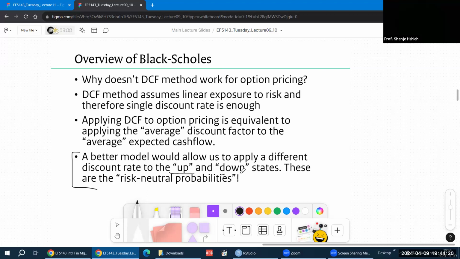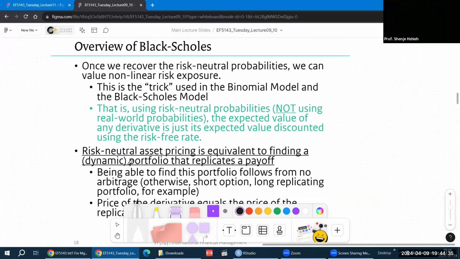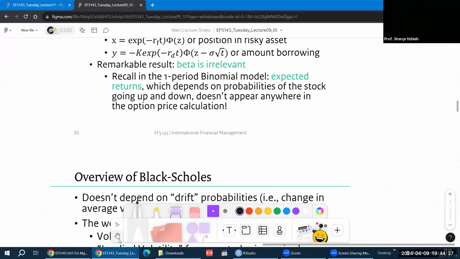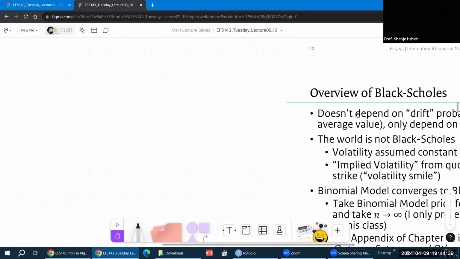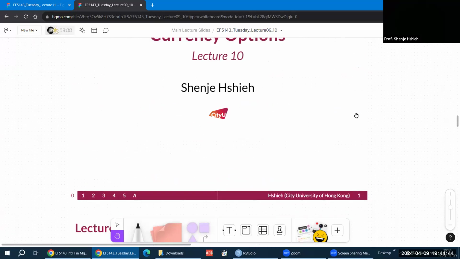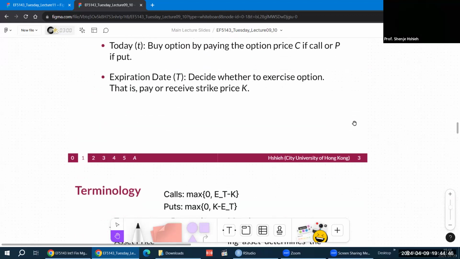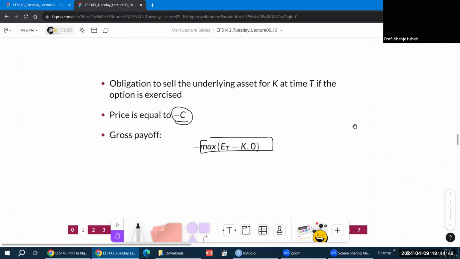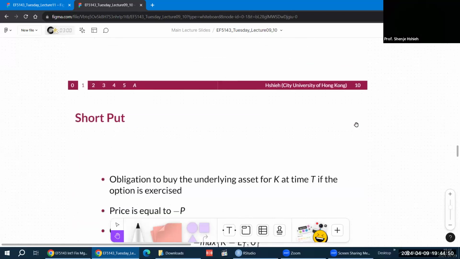We're looking for up and down states to apply different discount rates, and this is what's called the risk neutral probability. I'll talk about that after I talk about the binomial tree model very quickly. My job is not to give you the full derivation; I'm not going to ask you to prove it. This is just highlighting why it's different than CAPM.